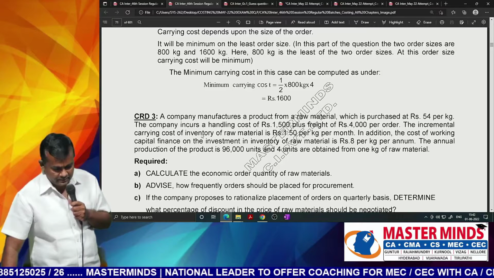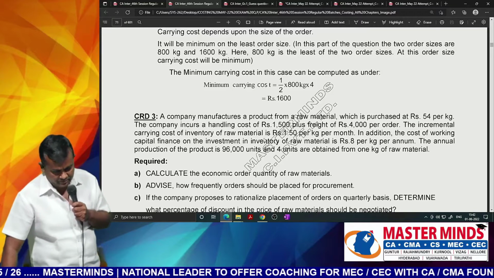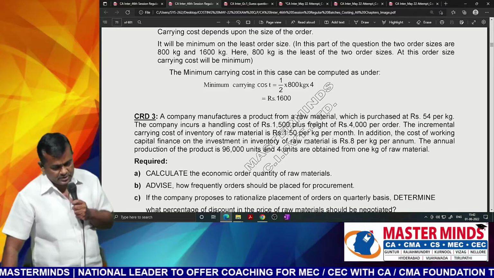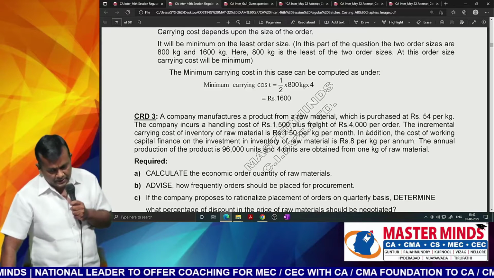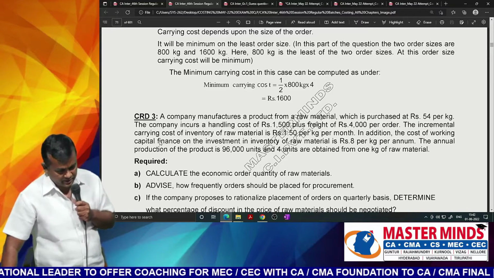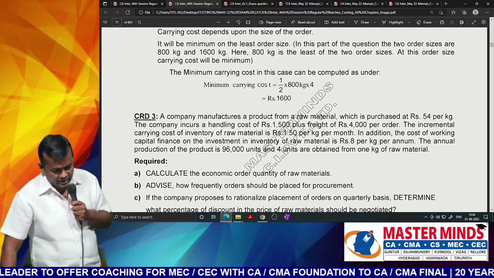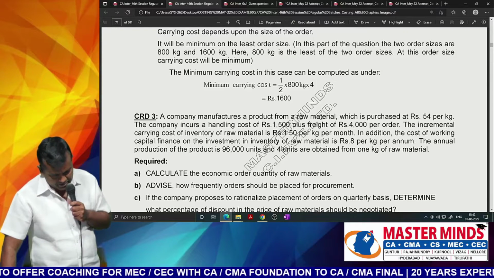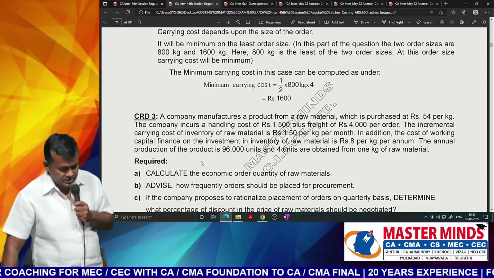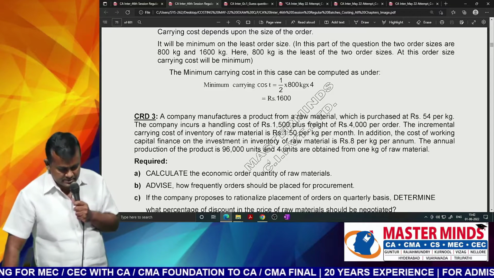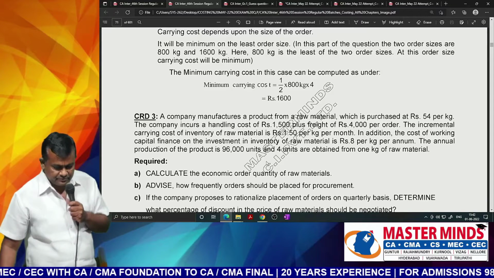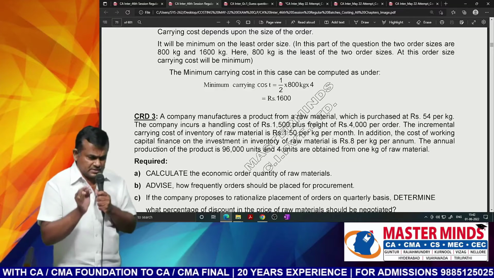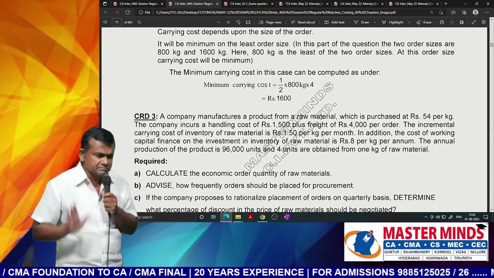The incremental carrying cost of inventory of raw material is 1.50 per kg per month. In addition, the cost of working capital finance on the investment in inventory of raw material is 8 rupees per kg per annum. The annual production of the product is 96,000. 4 units are obtained from 1 kg raw material. Just the numbers change, content is same.